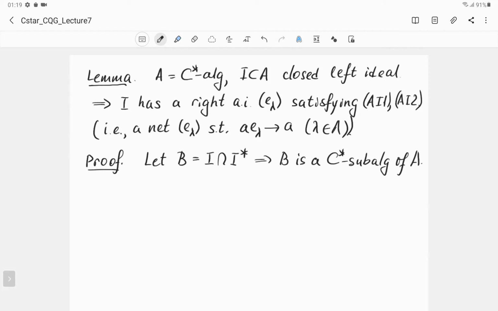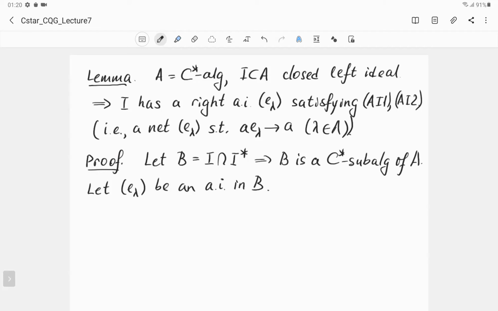So it is a C-star subalgebra. And by the previous theorem, we can find an approximate identity in this subalgebra. So now let e_lambda be an approximate identity in B, satisfying AI1 and AI2. I don't write this because this is our standard convention. When we speak of approximate identities in C-star algebras, we always mean approximate identities satisfying AI1 and AI2. Okay, I claim that this approximate identity is exactly what we're looking for.